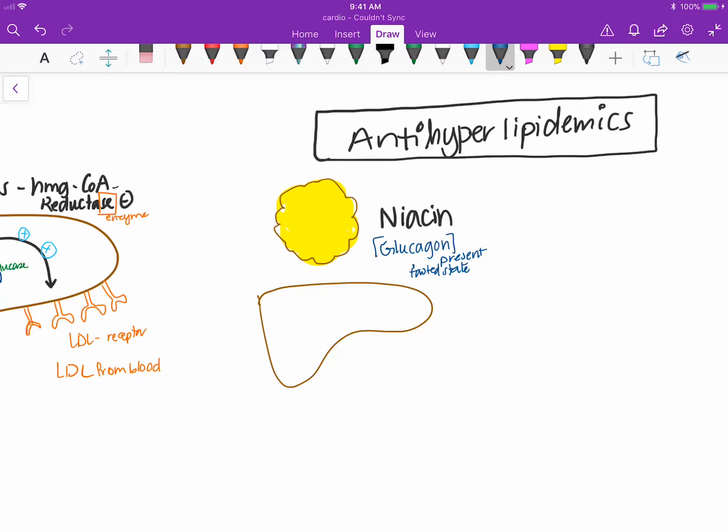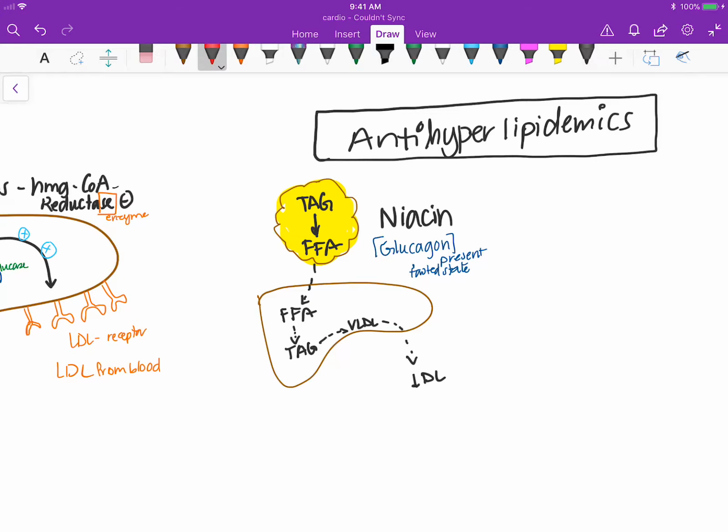So the adipose cell, which is in yellow, has a lot of fatty acid stores, triacylglycerides. They need to be converted into free fatty acids, so they can go into the blood and into the liver. From there they can form triacylglycerides, and then VLDL, and then finally they can be released into the circulation.